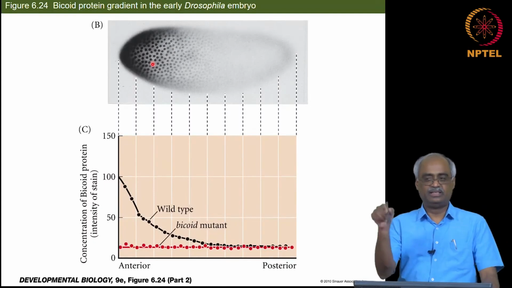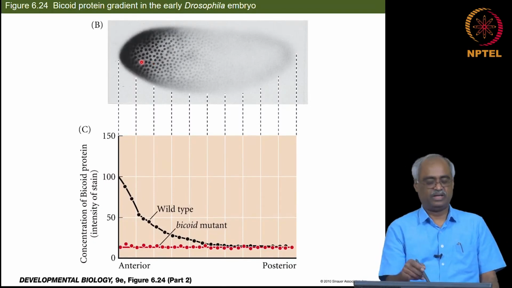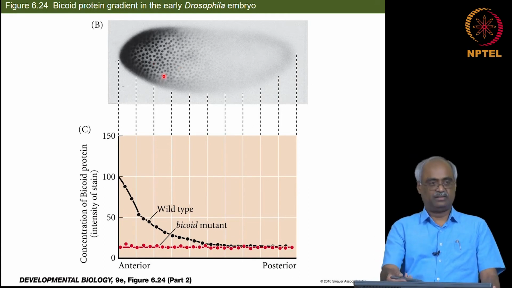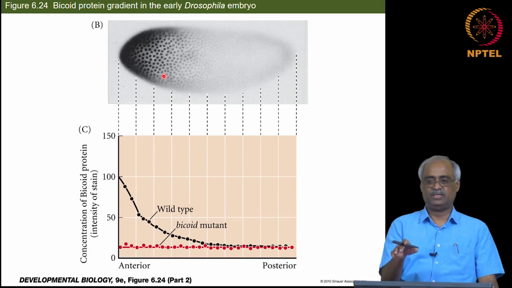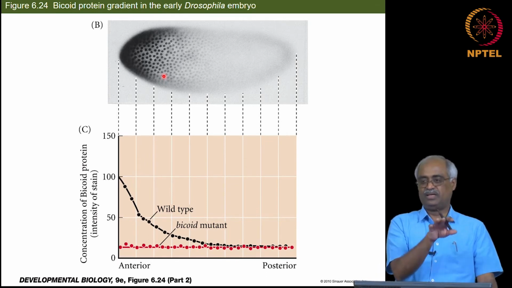So the caudal is by translational suppression, but hunchback activation is by activating from the zygotic genome. So you distinguish zygotic genome from maternal genome. Okay. So bicoid mRNA is product of maternal genome.